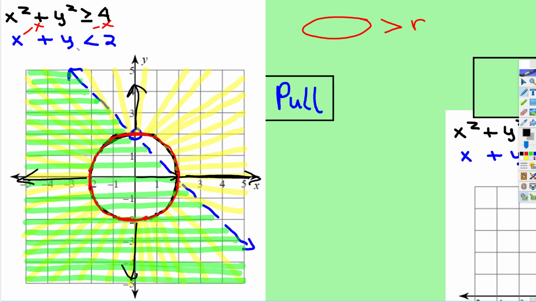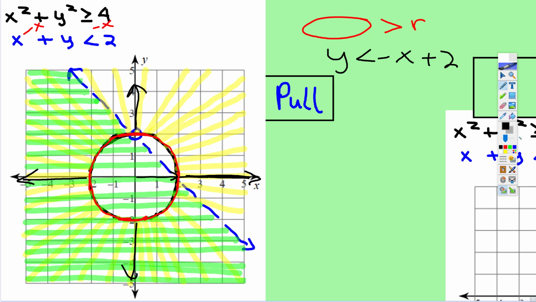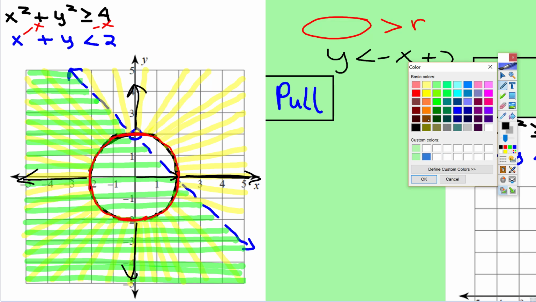And then when I solve this equation, y is less than -x plus 2, that says y is less than. So everywhere below that dashed line, the horizontal green, and notice where they overlap. They overlap on the outside.